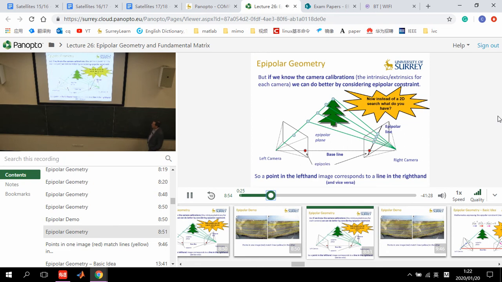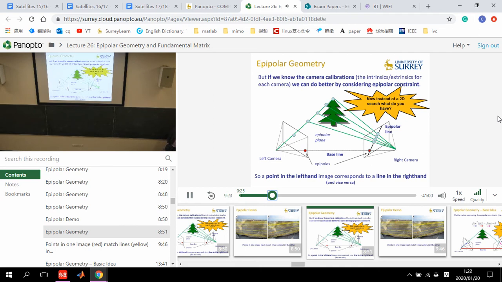The other thing to note is that if you were to consider all three-dimensional points in the world, and the epipolar lines formed by speculating about that point's position in one image with respect to another image, then all of those epipolar lines would intersect at a point where the baseline crosses the camera plane.